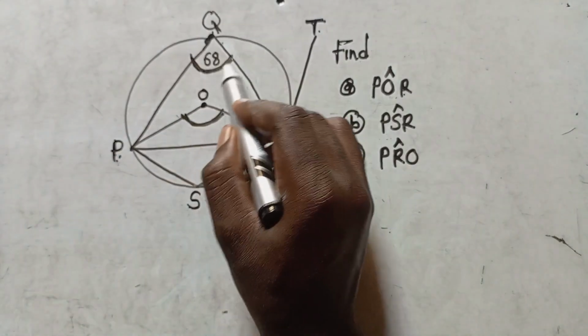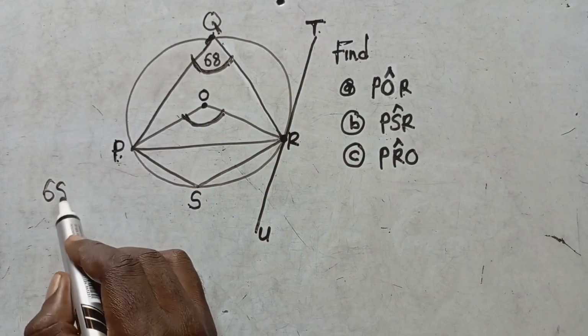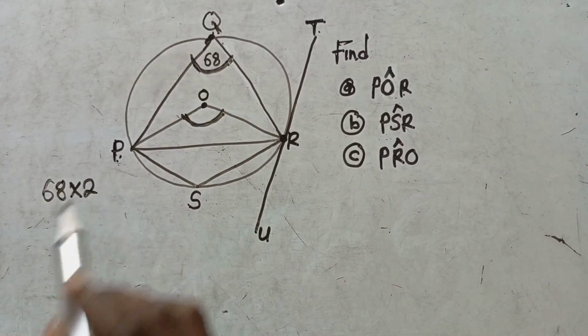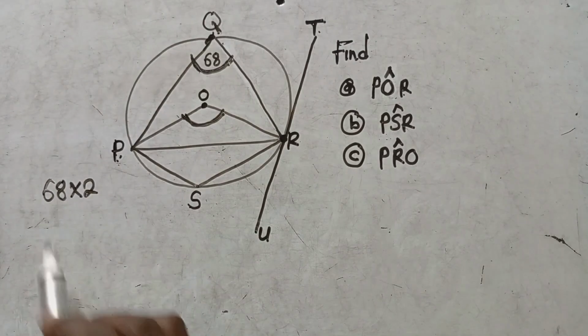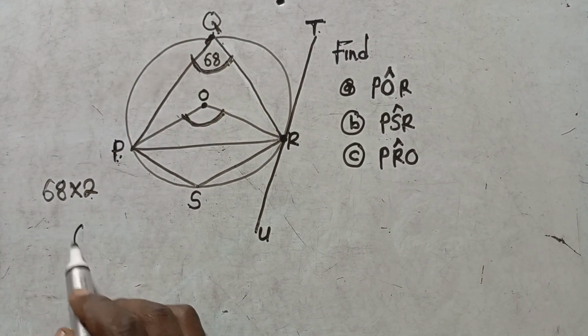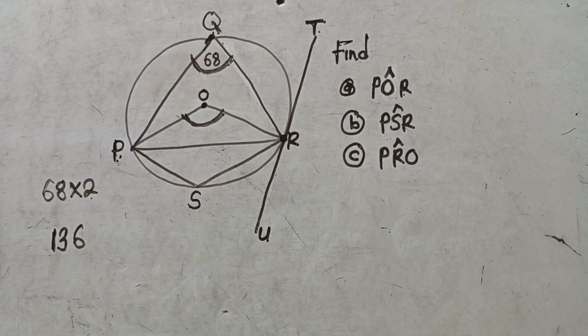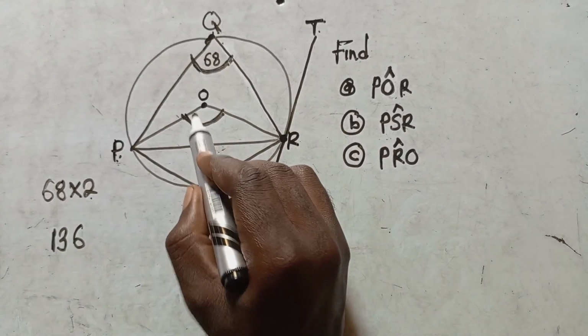So if this angle at the circumference is 68, for me to find the angle there, I just need to multiply by what? By 2. So if I multiply by 2, 68 times 2, I'm going to find what? 136 degrees.